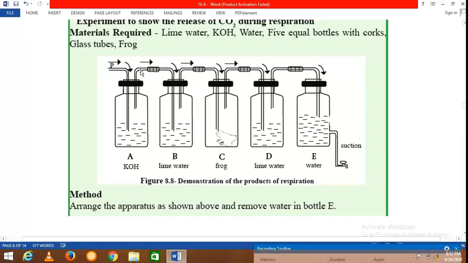Then you can see it is connected to bottle B, and this end of the tube is again immersed in lime water or calcium hydroxide.